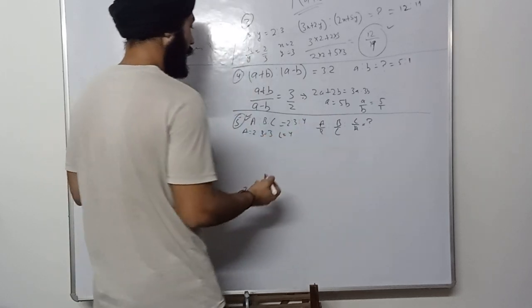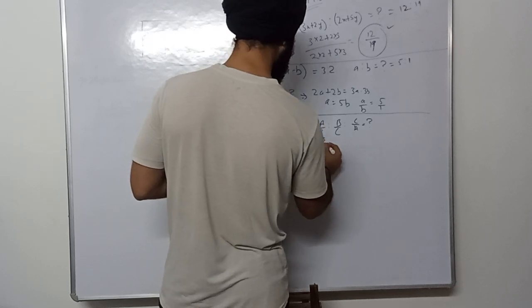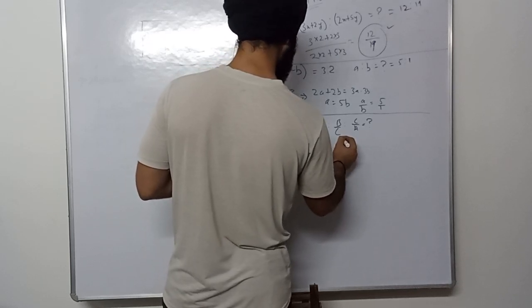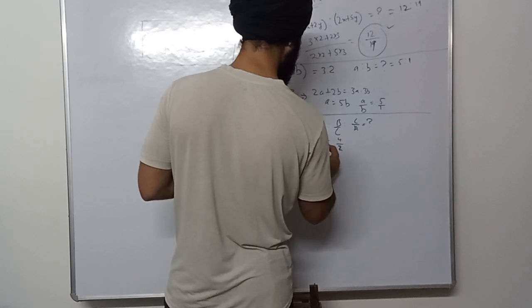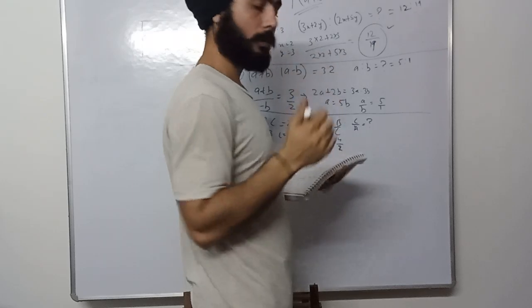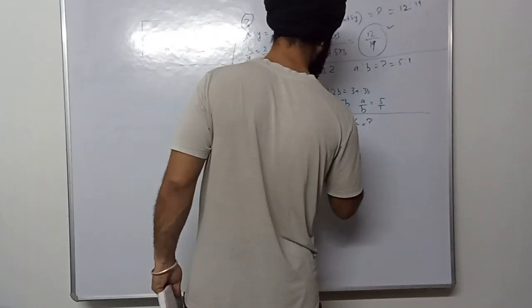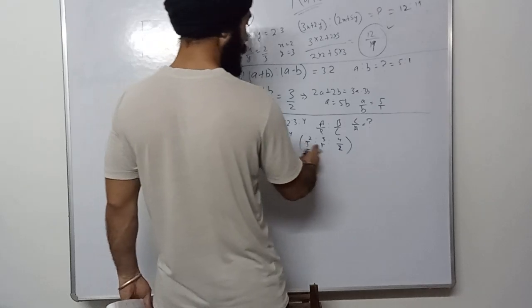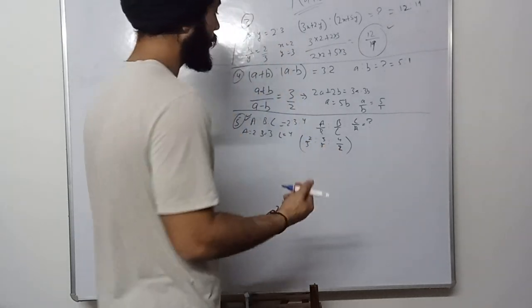And when we put it here, 2 by 3 ratio 3 by 4 ratio 4 by 2. Now we have to simplify it. For simplify it, we have to multiply by the LCM of the denominators, 3, 4, 2. The LCM of 3, 4, 2 is equals to 12.